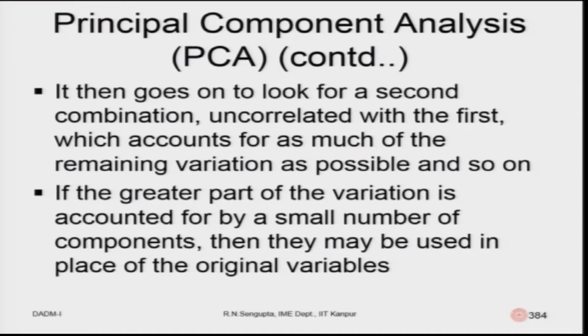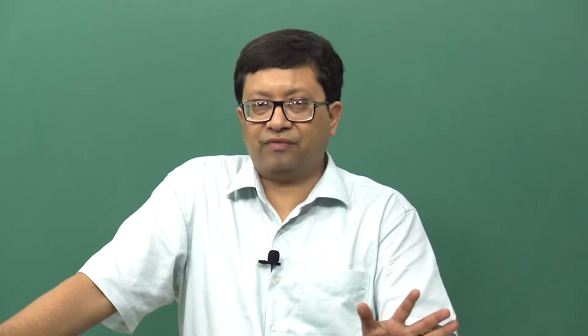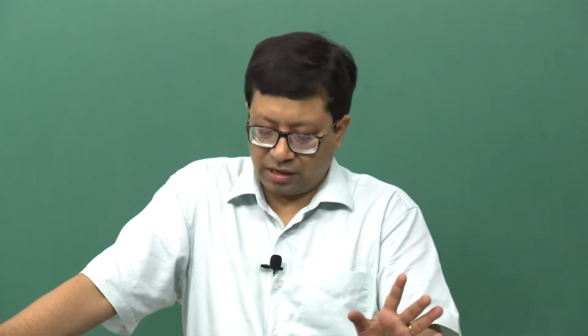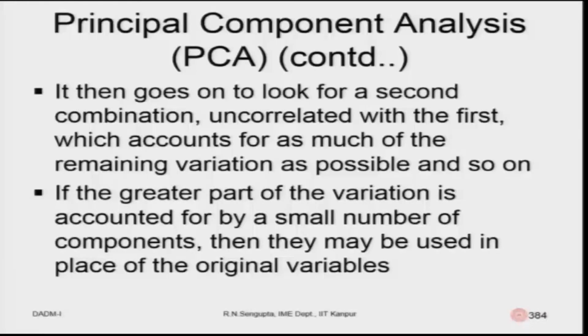If the greater part of the variation is accounted for by a small number of combinations of the independent random variables, then they may be used in place of the original variables, and we are able to give the dependent structure with the least number of variables such that our overall task is reduced.